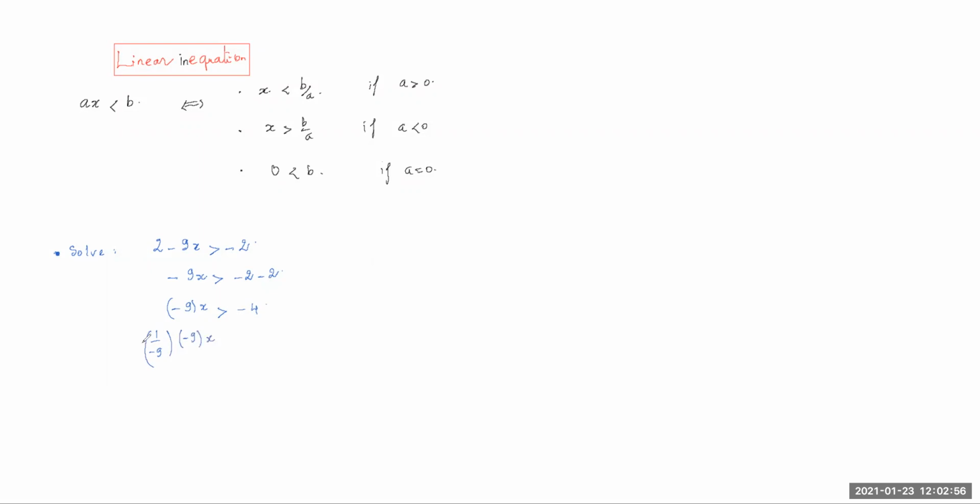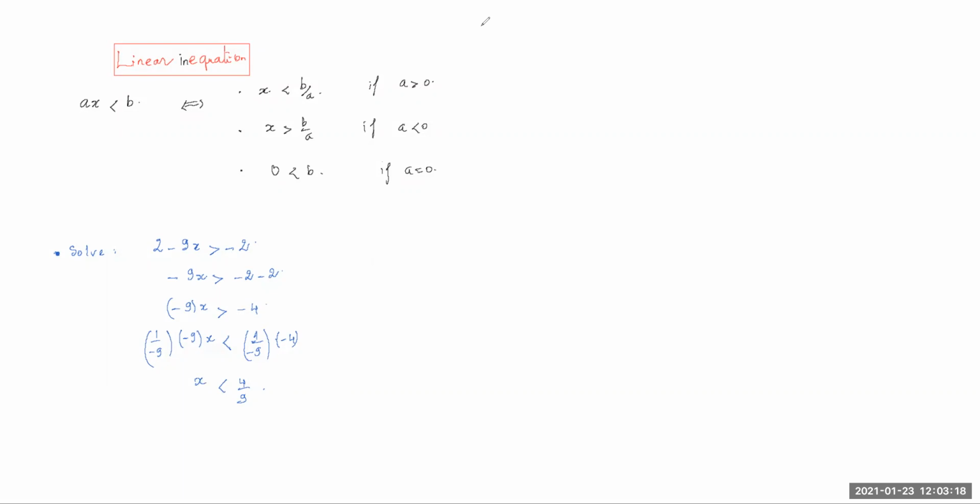Since this term is negative, I need to change my inequality. 1 over minus 9 times minus 4 gives me x less than 4 over 9. And this is my set of possible solutions.